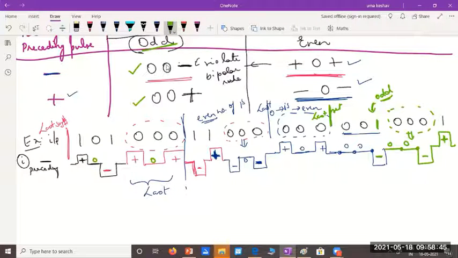When the number of ones after the last substitution was an odd number, then you'll replace it with this or this pattern. If it was even, then you'll replace it with this pattern or this pattern. Is that clear? So please remember this. This is how you have to do it.